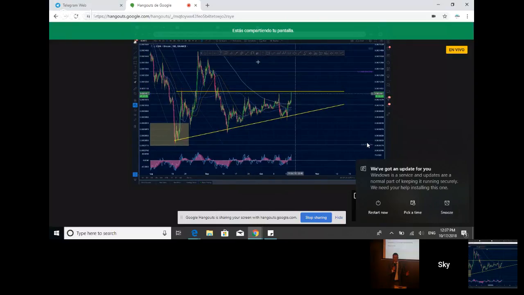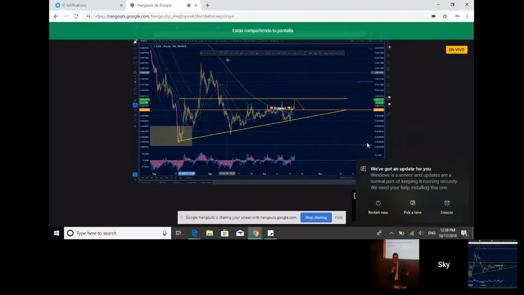And as I see this, we will probably see a retracement to this support level of 1,000 Satoshi. It will be a good support level for Icon. I will place it as a support. Right, like this. Okay. And from this level, we will probably see another try to break this level.